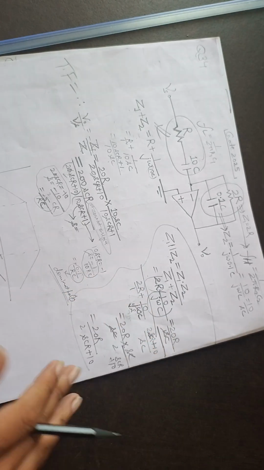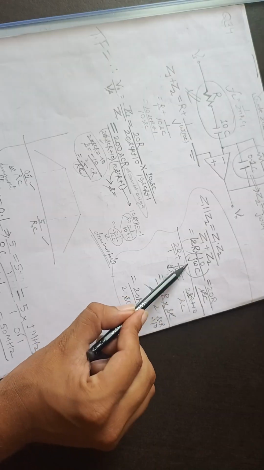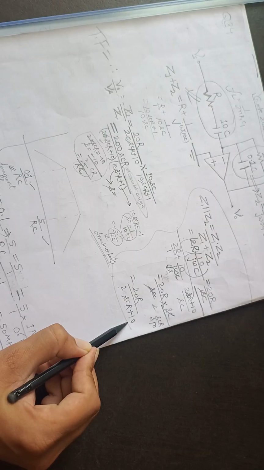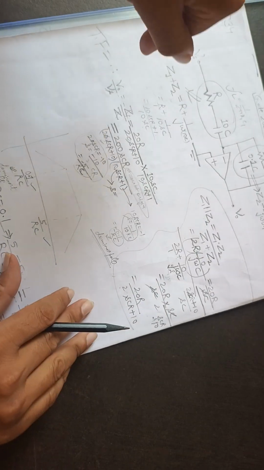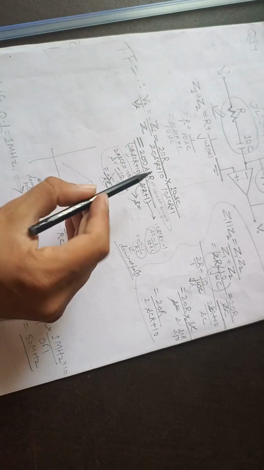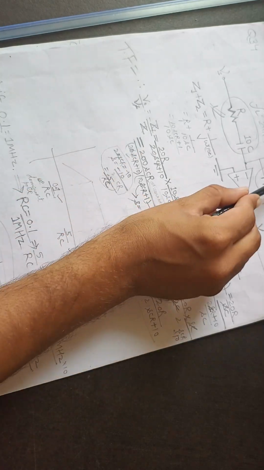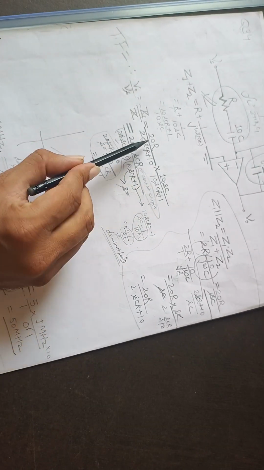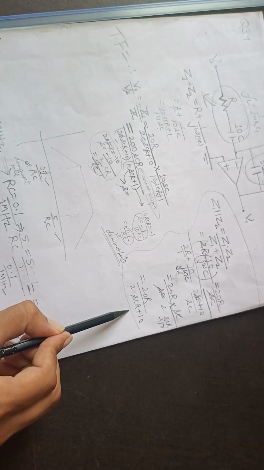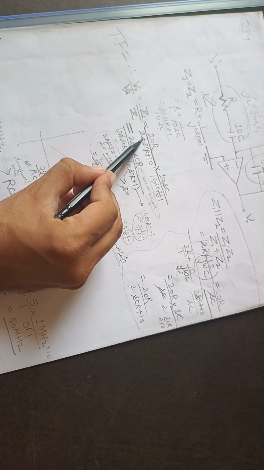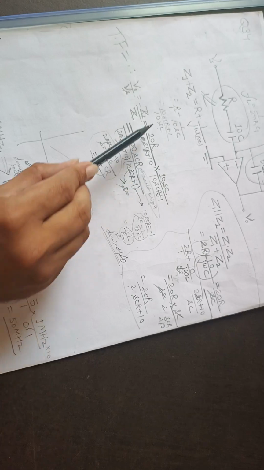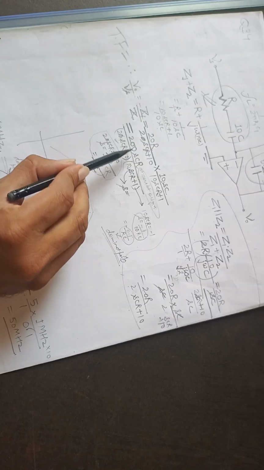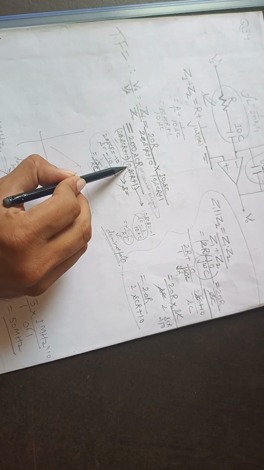If you put these values and solve, you get 20R upon (2 SCR plus 10). So V_out upon V_s will be minus of Z_feedback upon Z_in. Z_feedback is 20R upon (2 SCR plus 10), and when we simplify, we basically get 200 SCR upon (2 SCR plus 10) and (10 SCR plus 1).